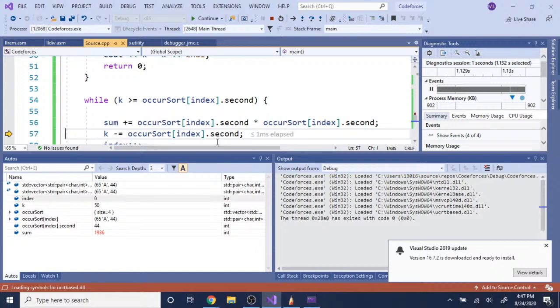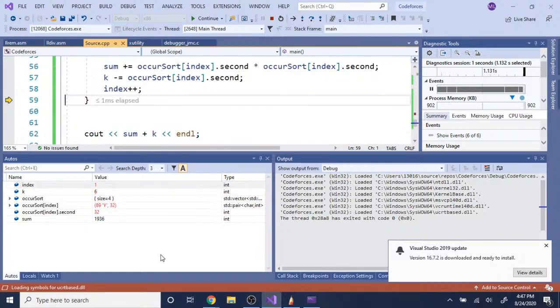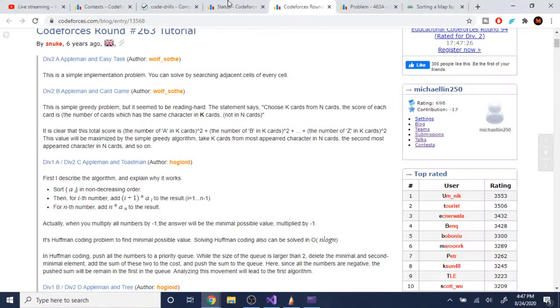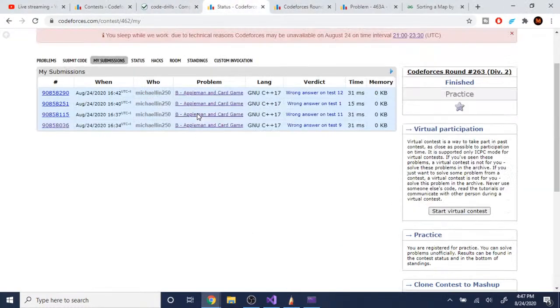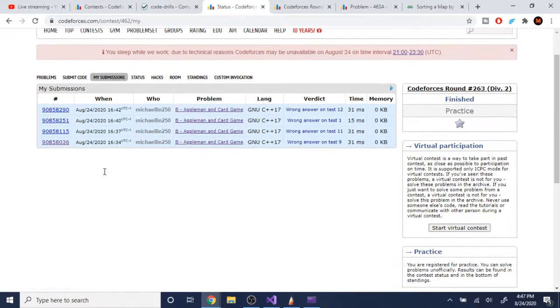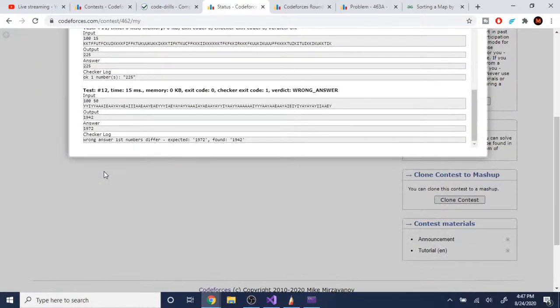K cards, so we pick 44. So we have 1936. Then we have 6 cards left. 1936 should be 1942, is that what it is? What is their answer? 1972.